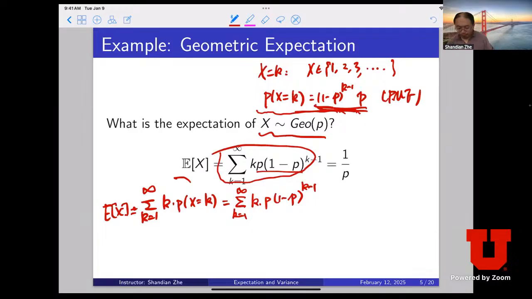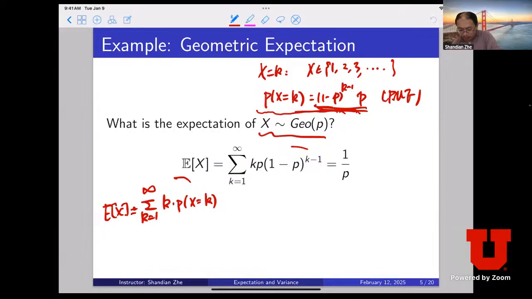So the question is, how do we compute this summation? Obviously, if you just look at the terms, you won't see any pattern or formula that is directly applicable.